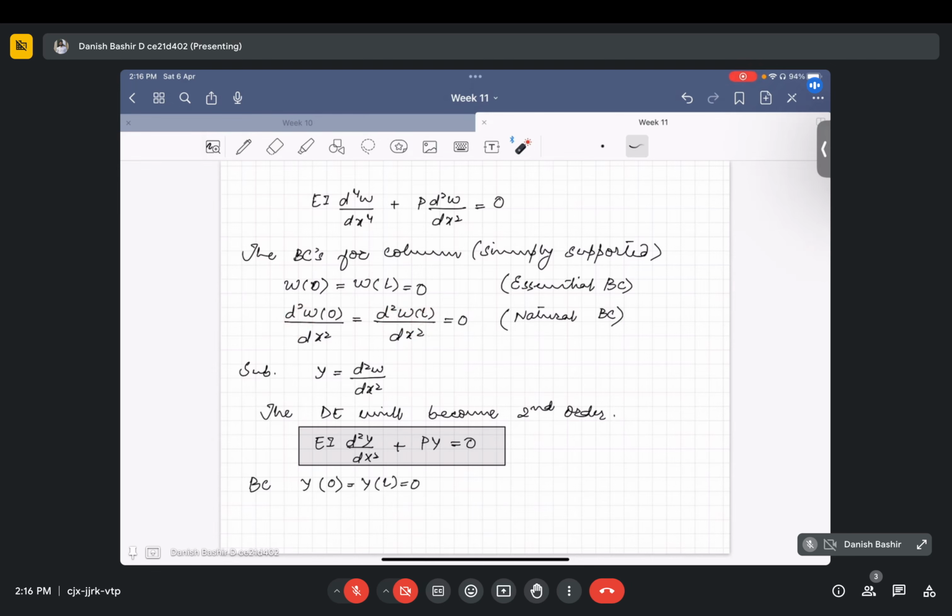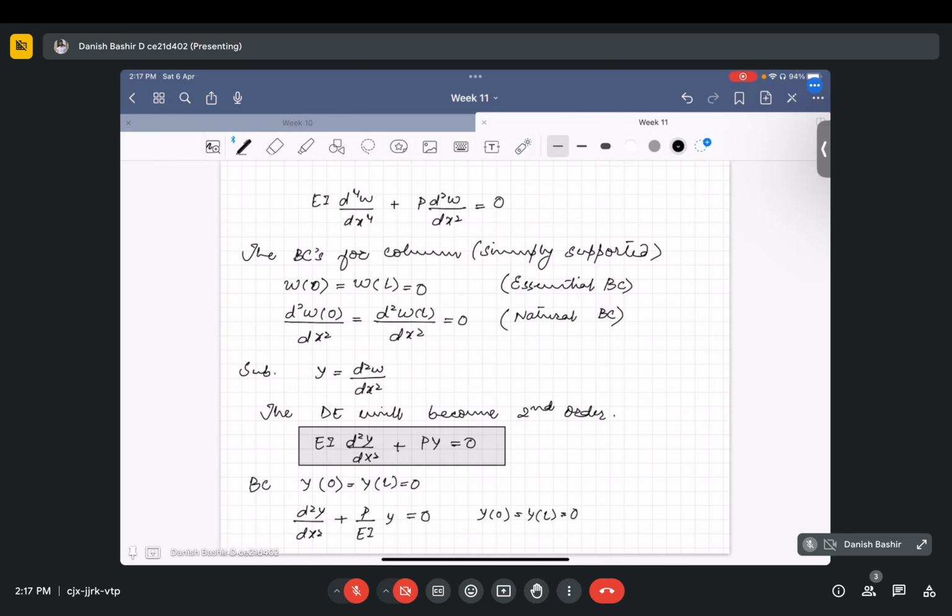I hope you are getting this point. So dividing throughout by EI, we will get d2y by dx square plus P by EI times y is equal to 0, and the boundary condition is y of 0 is equal to y of L is equal to 0.